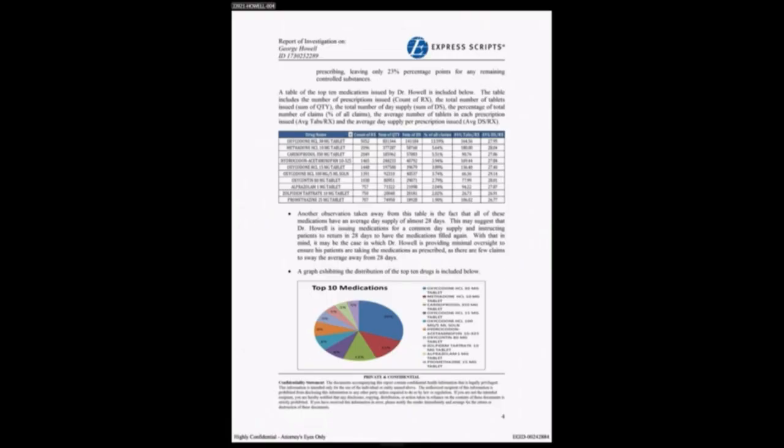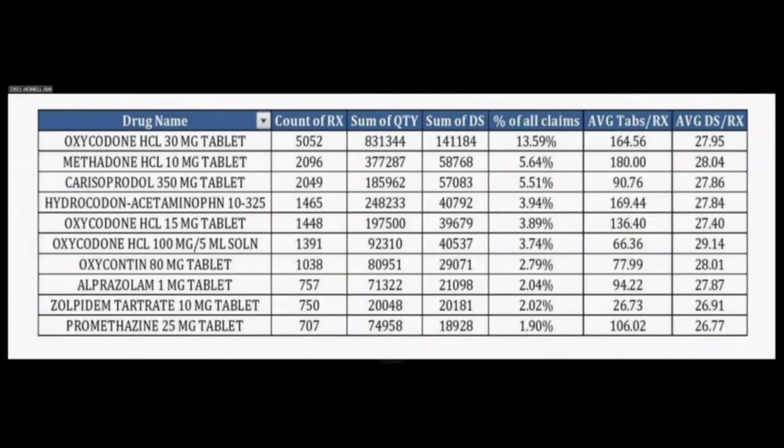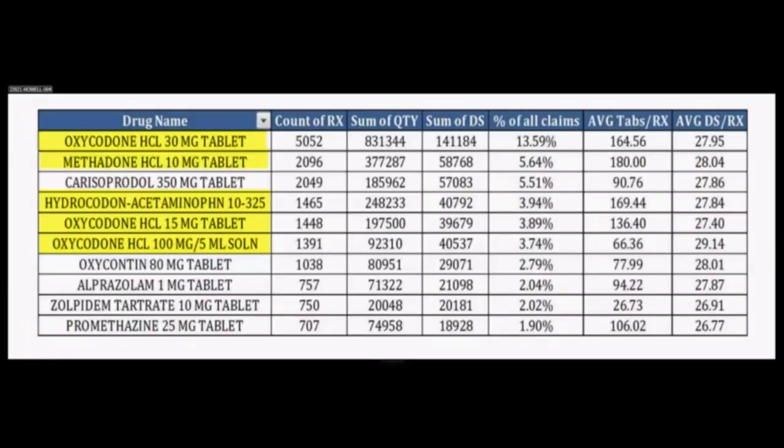And if you turn to page 4, there is a chart that breaks down the top 10 medications issued by Dr. Howell, correct? I was looking for a title. Yes, I see that. And included there are oxycodone, methadone, an oxycodone acetaminophen combination, oxycodone 15 milligram, oxycodone 100 milligram, and OxyContin 80 milligram among the medications that were being prescribed, correct?